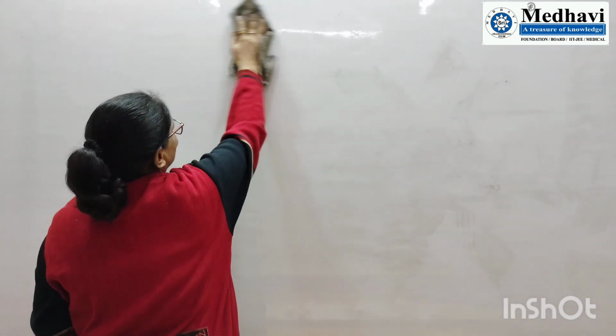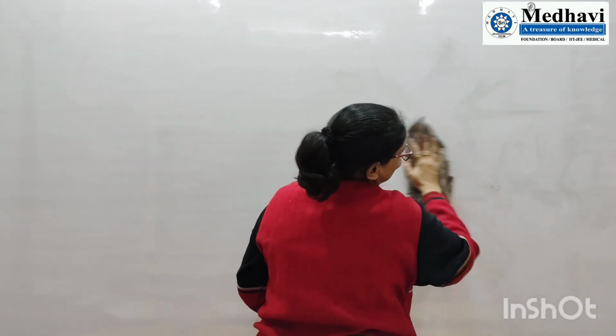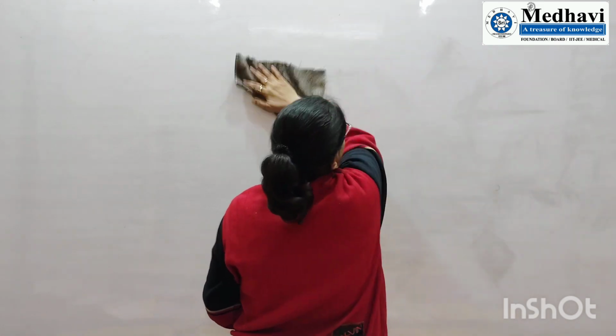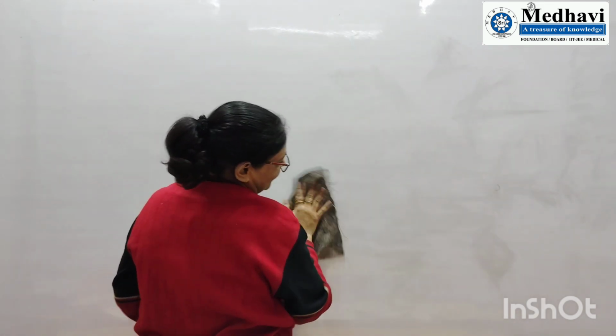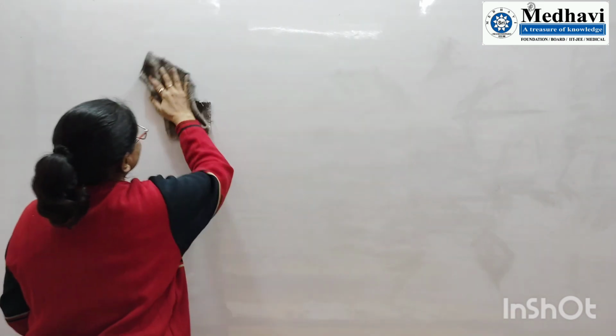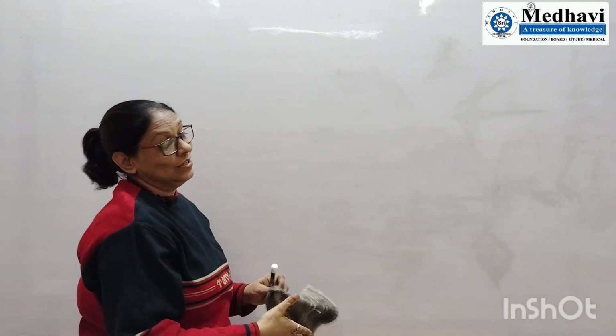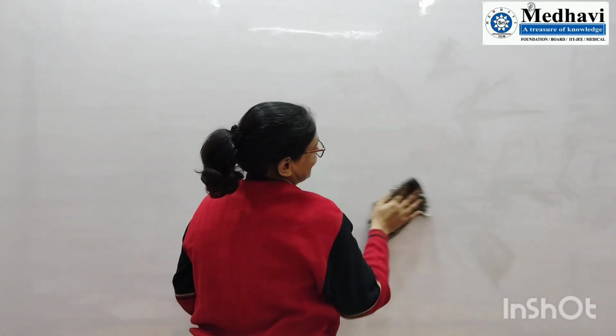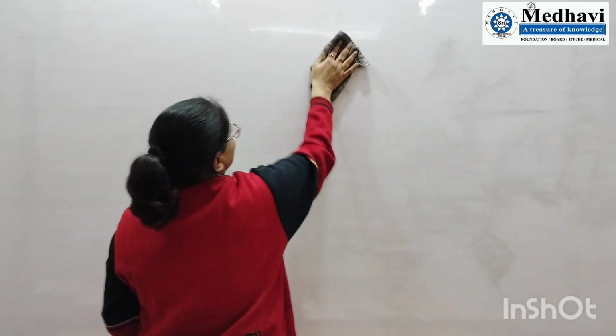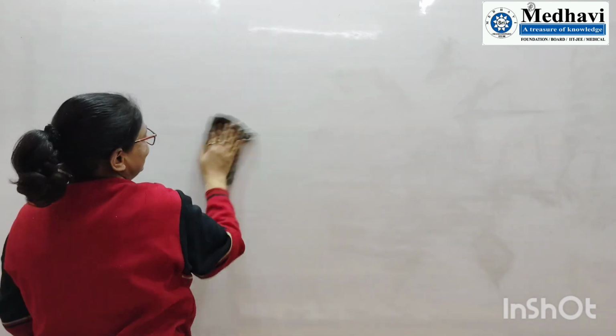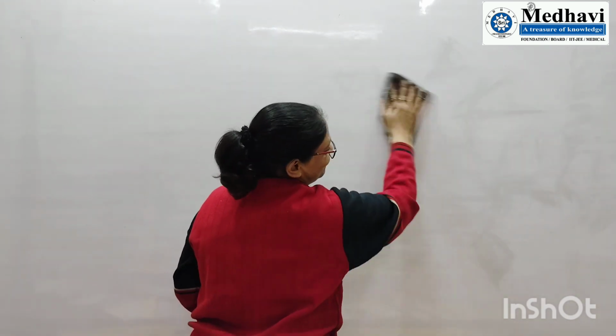I don't like the smart board because this whiteboard is my favorite, because here I get more opportunity to explain terms, topics and concepts to my students. This will make me active.